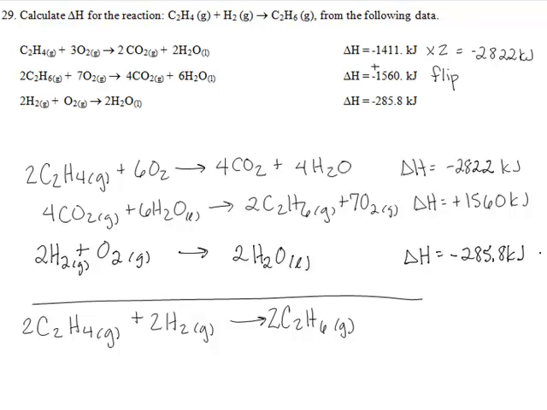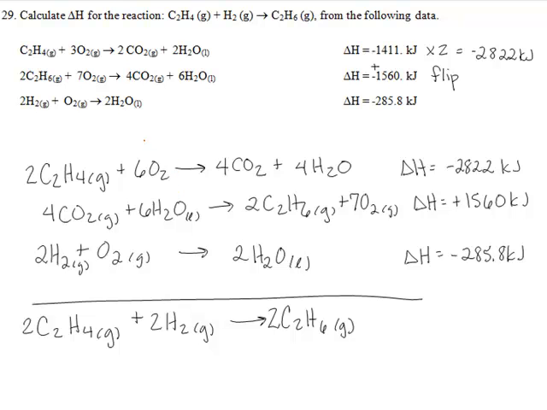Now that I have all my equations in place, I need to cancel out anything that appears in my working equations but doesn't appear in my final goal equation. So my C2H4 should remain, but then I have this 6O2. So I've got 6O2 on the reactant side, and I need to cancel that out.